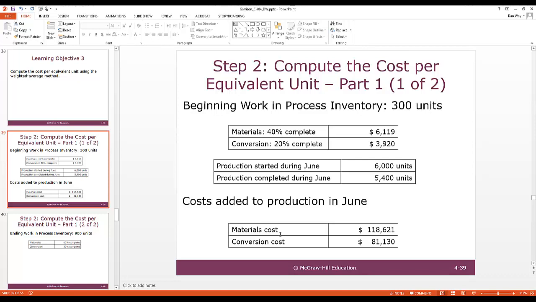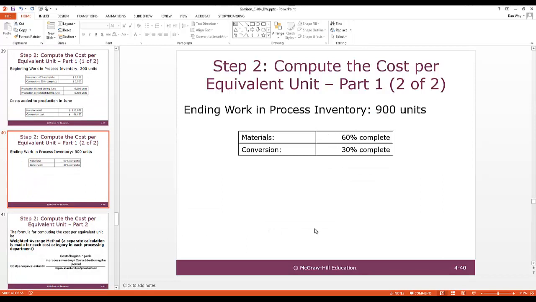So we need to know what we dumped into the process from a cost standpoint. Just another quick reminder that our ending work in process here is 900 units that were 60% complete with respect to materials and 30% complete with respect to conversion.